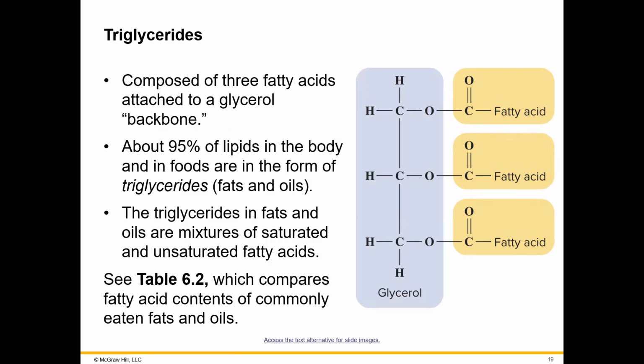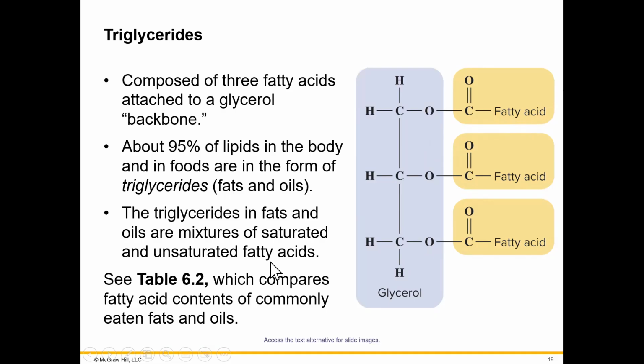Our next type of fat is what we call triglycerides. Tri meaning three, glycerol meaning the fat here. Triglycerides are composed of three fatty acids that you see here. Actually, they are tremendously long chains of fatty acids, but in this slide, it's condensed. You see where they're attached to this glycerol backbone.